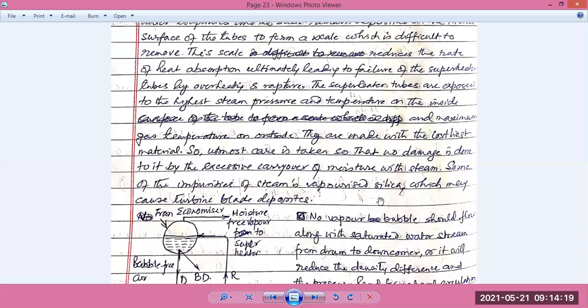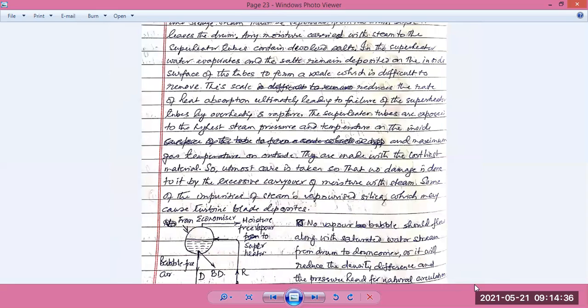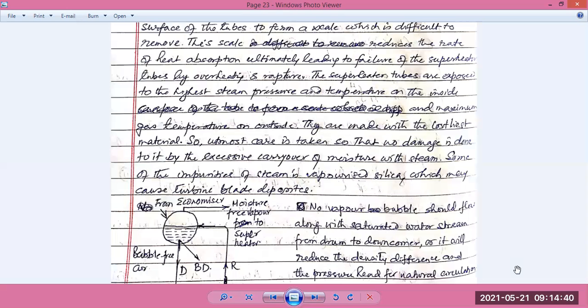So no bubble should go through to the riser itself, because the presence of bubbles or steam inside the downcomer will reduce the density difference and the pressure head if natural circulation is being provided.